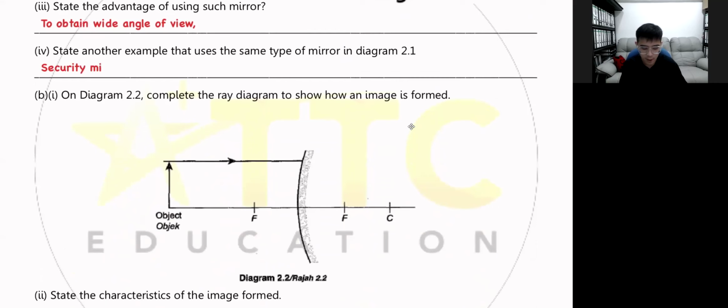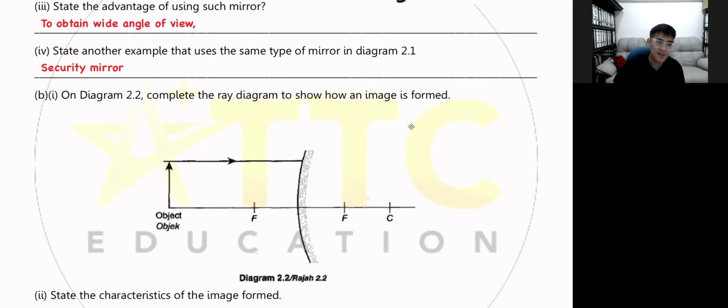Security mirror can be used in many places. For example, in the bank, at the ATM machine, the mirror you put on top of the ATM machine is called a security mirror. And it's also used in convenience shops like 7-Eleven. On top of the ceiling, they will also put a mirror that is convex shaped because it provides a wider angle of view.